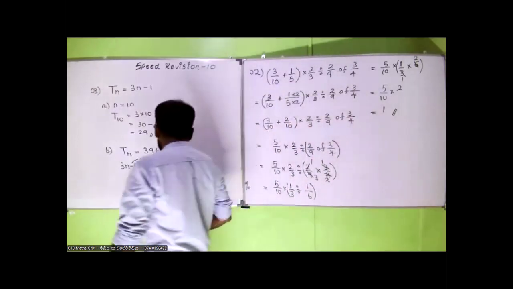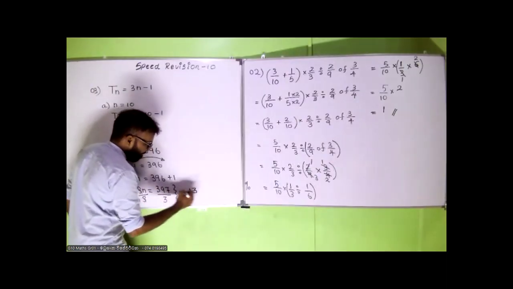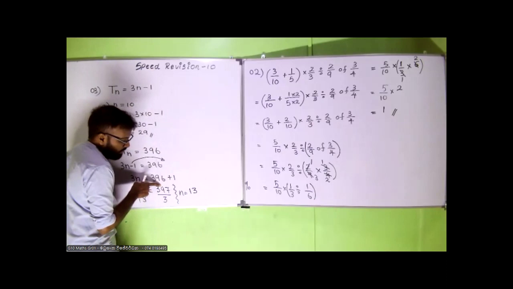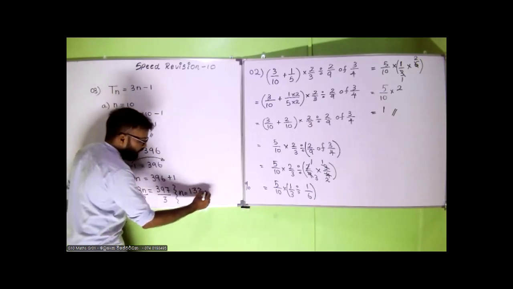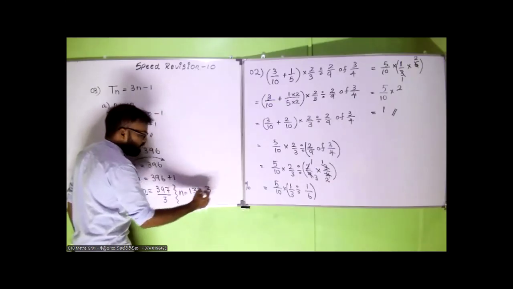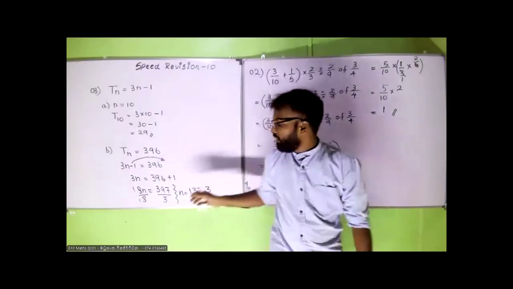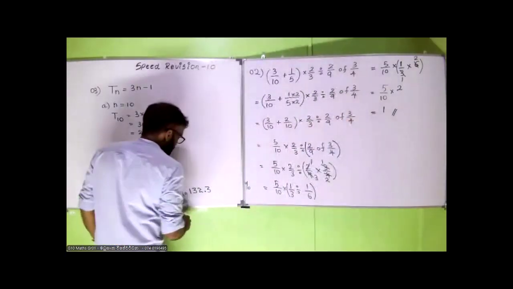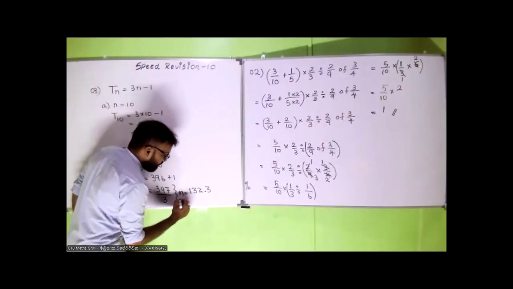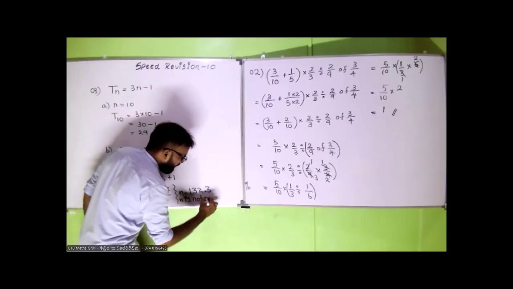It is something like 3 times 3 is 9, 3 times 2 is 6. It is 132.33 something. This is not an integer. This is a decimal number. So you can write, n is not an integer.